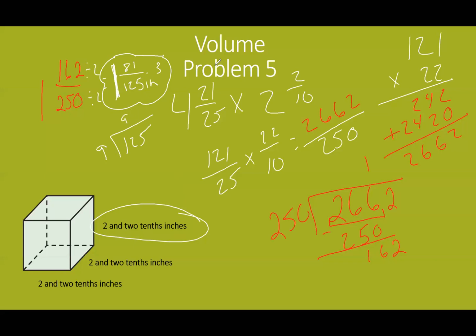Not 9. 1 times 9 is 9. 9, 10, 11, 12. That's a 3. Oh, wait, look. Oh, no, I was thinking 5. Nope, because... Yeah, no, I was right. Because I was wondering if that trick was working. All right, here's my lowest one. This is my answer. 1 and 81 125ths.